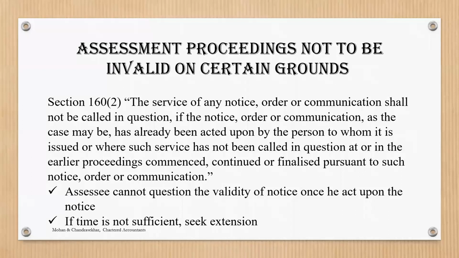What it says is, the service of any notice, order, or communication shall not be called in question if the notice, order, or communication, as the case may be, has already been acted upon by the person to whom it is issued, or where such notice has not been called in question in the earlier proceedings commenced, continued, or finalized pursuant to such notice, order, or communication.